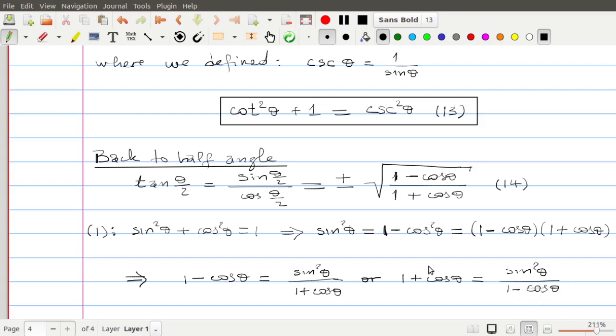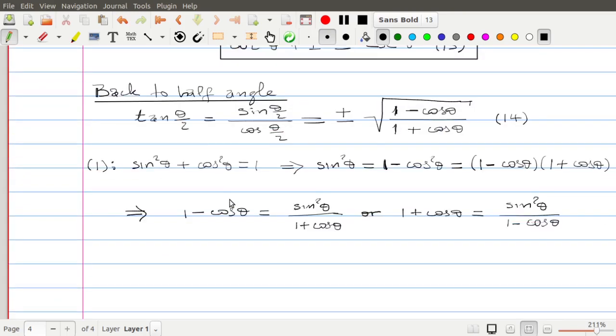So we have these two expressions. Now it will depend on which one we want to use. Let us use one of them. If you want to write this expression, we will divide both sides by 1 plus cosine theta, right?